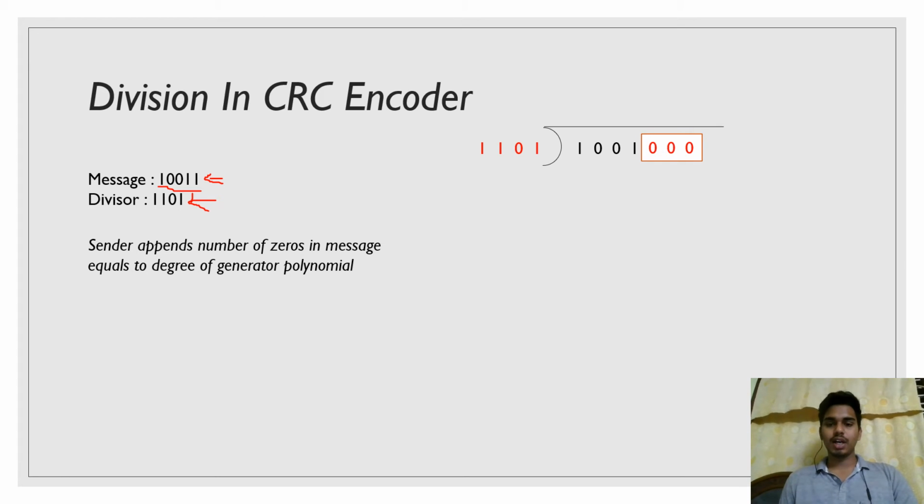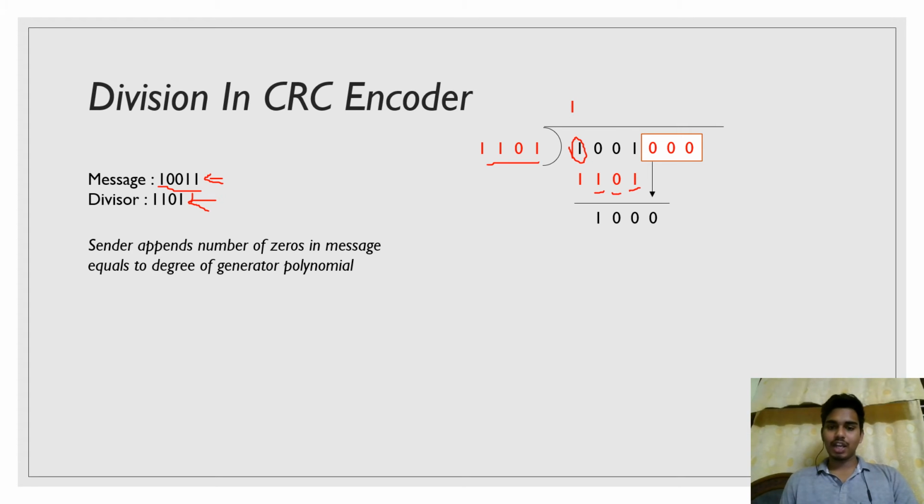As you can see, the leftmost bit is 1. We will add this divisor, and we will bring this 0 bit down, and 1 plus 1 will be 0, 0 plus 0 will be 0, and 0 plus 1 will be 1.